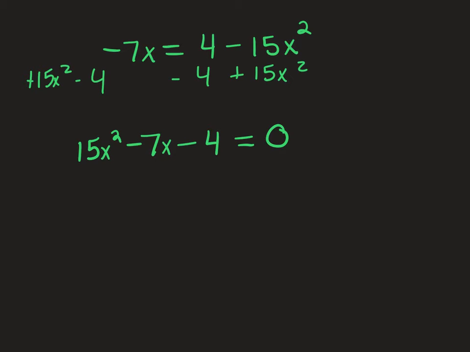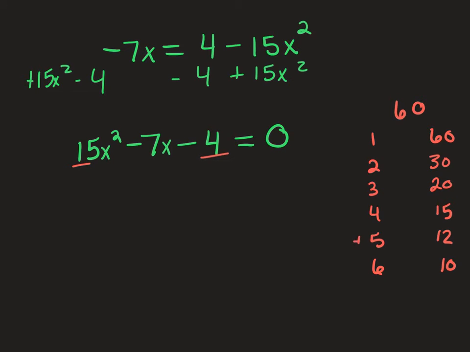So we have to do 15 times 4 to get 60. Then factors of 60 are 1 and 60, 2 and 30, 3 and 20, 4 and 15, 5 and 12, and 6 and 10. So again, we need one of each sign, and we need to subtract those to get a -7.